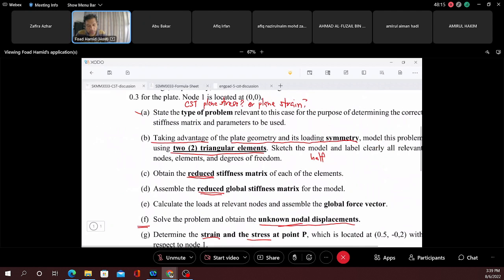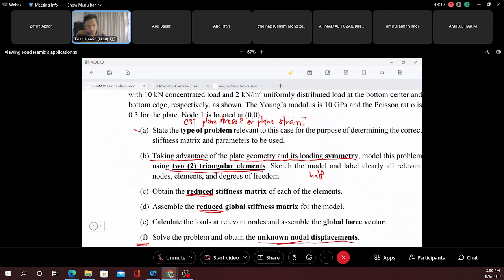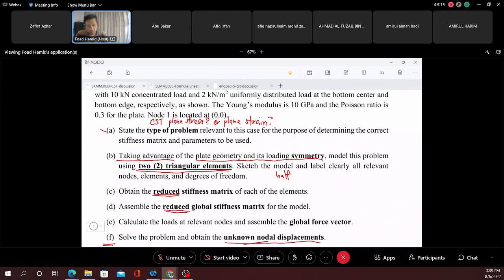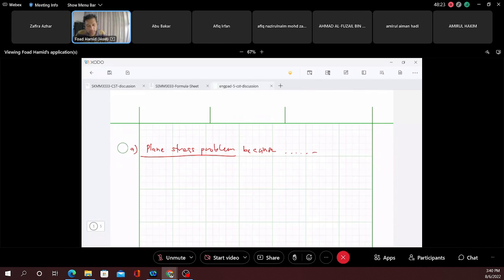Okay, so sketch the model and clearly label all relevant nodes, elements, and degrees of freedom. So let's do this. Part B. We'll do it this way, and note that I'll be using, this is node 1, no change.